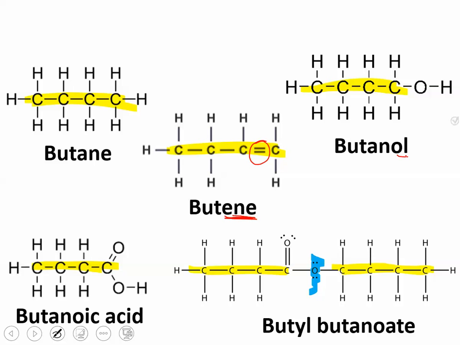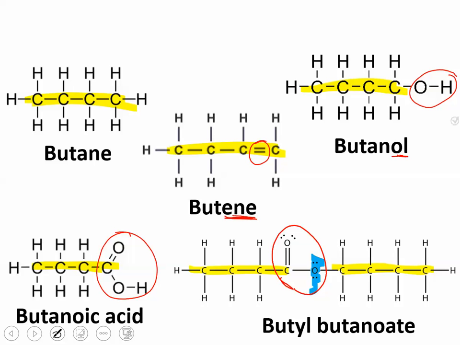All those with the ol have this OH functional group. All these enoic acids have this functional group COOH, and the butyl butanoate has this functional group COO. They've all got that in it.